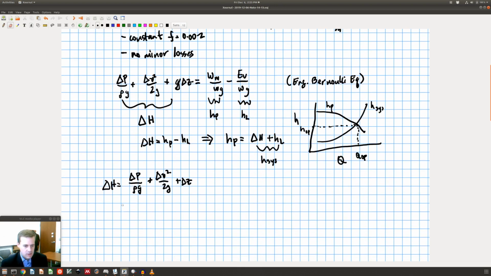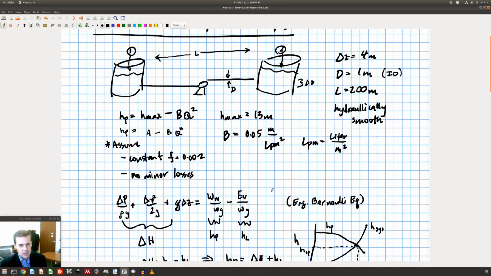That means P1 is P atmosphere and P2 is P atmosphere, and so delta P is going to be 0. For delta V squared, I know that V1 is about 0 and V2 is also about 0, so my delta V squared term is also going to be 0.